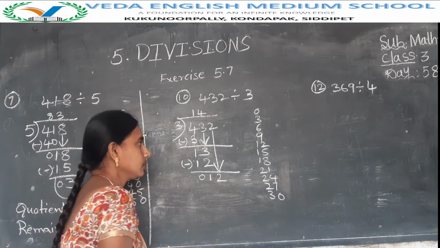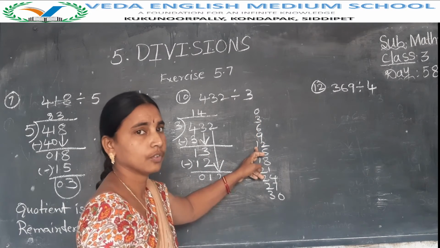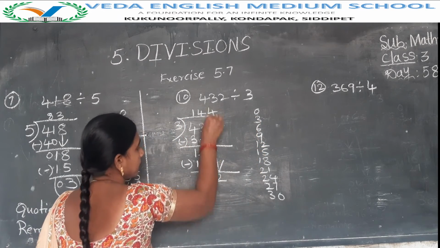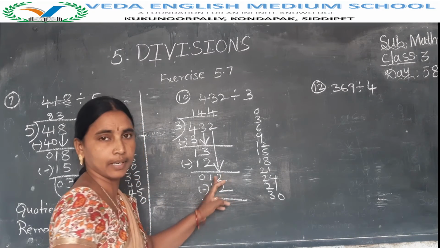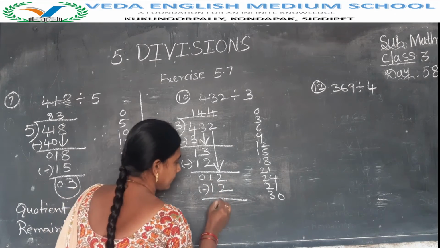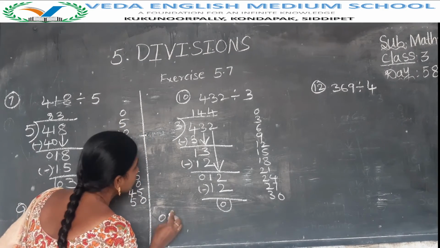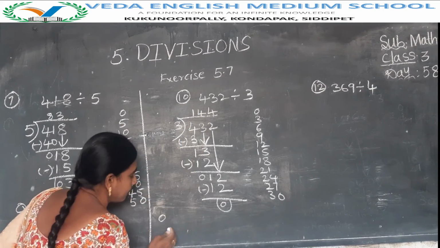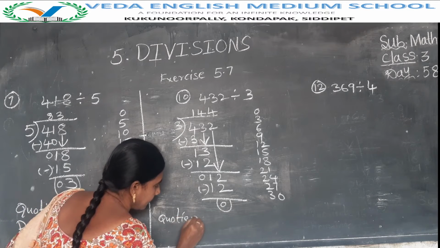Now 12. So here also 12. How many times? 1, 2, 3, 4. 3 fours are 12. Okay. Now do the subtraction. 12 minus 12 is 0. Okay, here quotient. What did we get here? Quotient 144. So now write here, quotient.